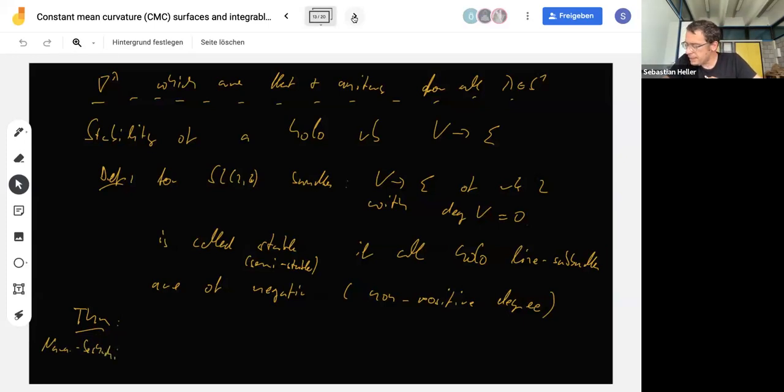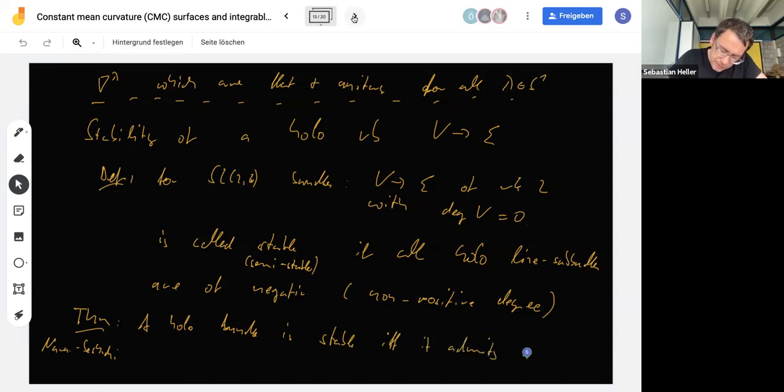So it says a holomorphic bundle is stable if and only if it admits a compatible unitary flat connection.